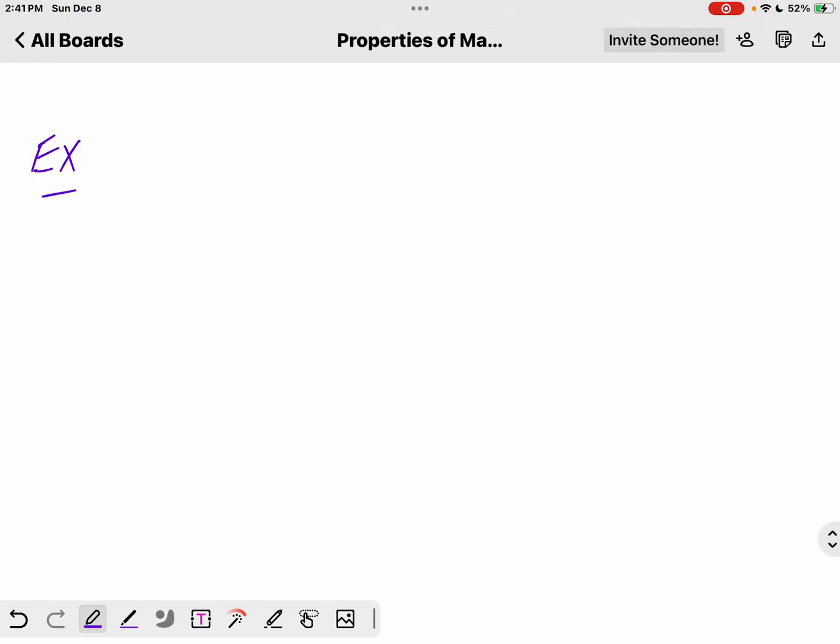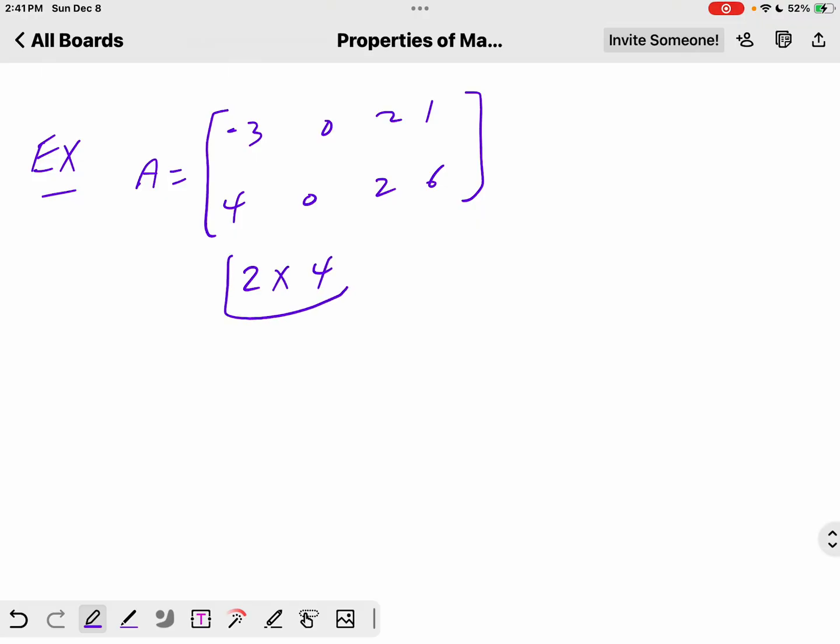Well, let's do one more. You must be thinking, when exactly can we not multiply? So here, let's say the A is -3, 0, 2, 1. Second row is 4, 0, 2, 6. So this is 2 rows and 4 columns. This is a 2 by 4 matrix.